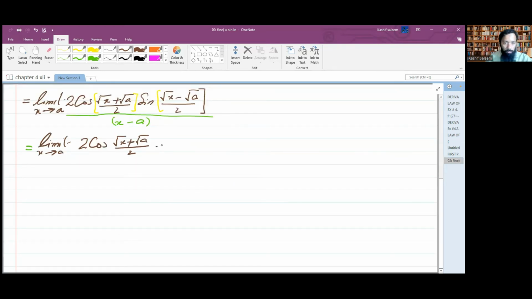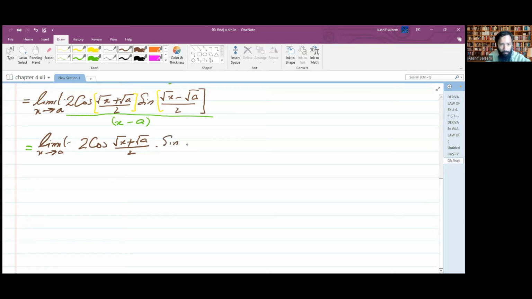To do this, just rewrite x minus a as under root x square minus under root a square.